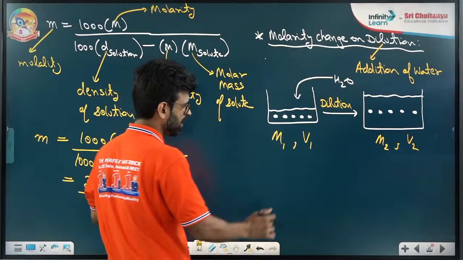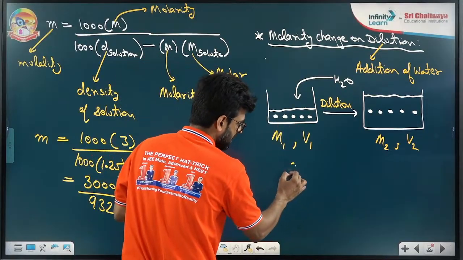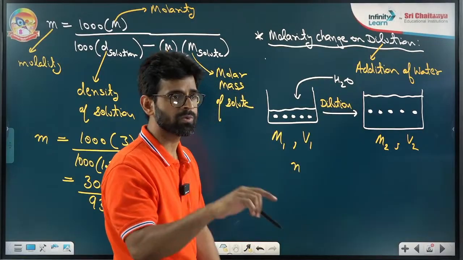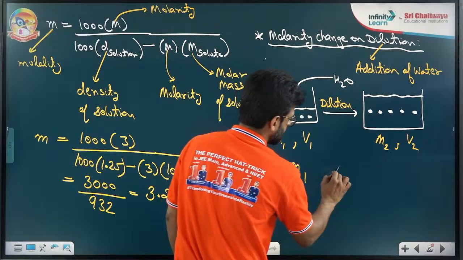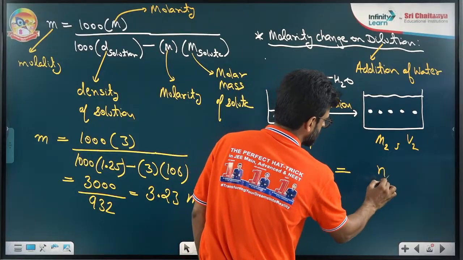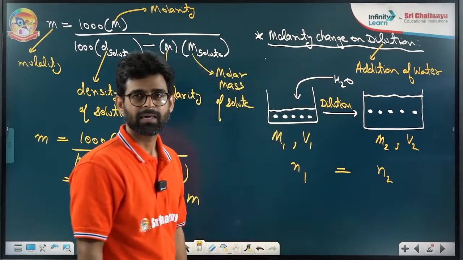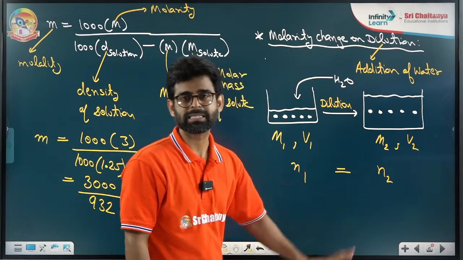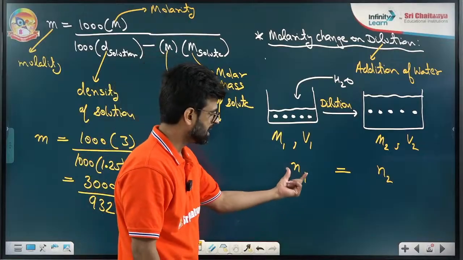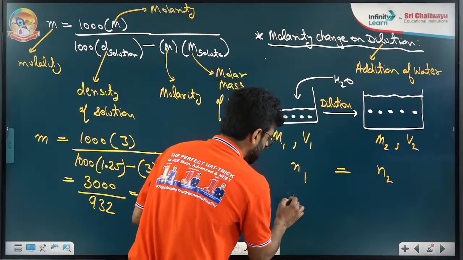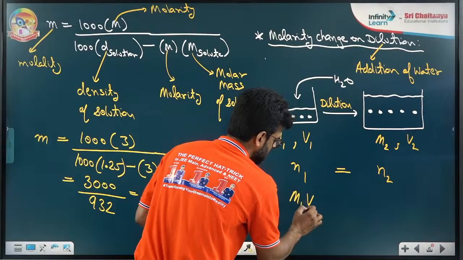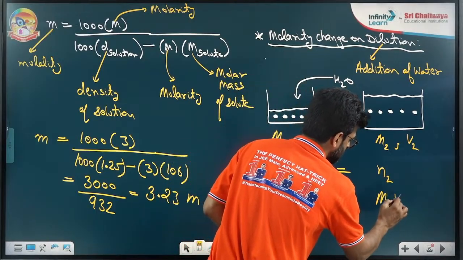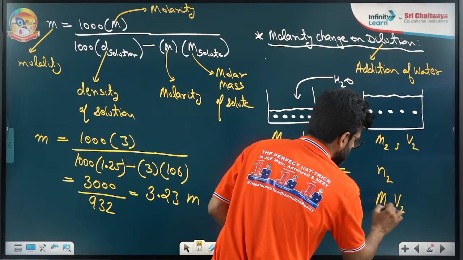So the number of moles of solute here and here are the same. How do we find the number of moles of solute? Molarity into volume, M1 V1. And here also, M2 V2.